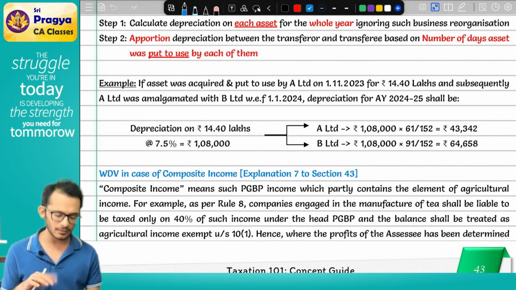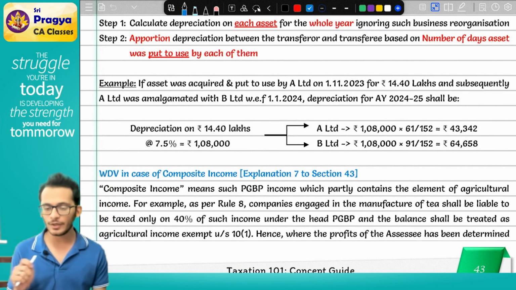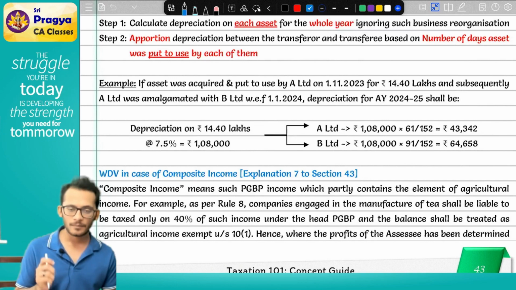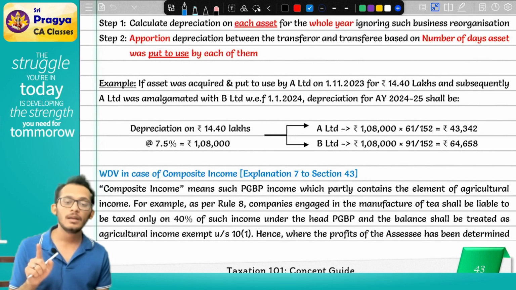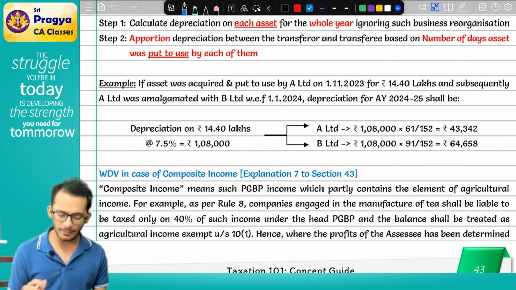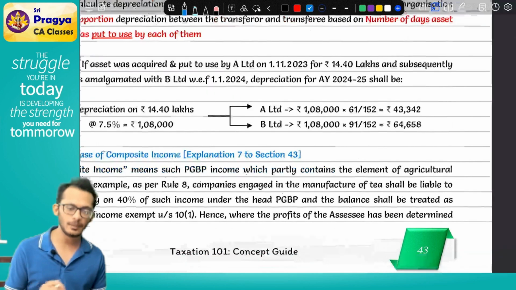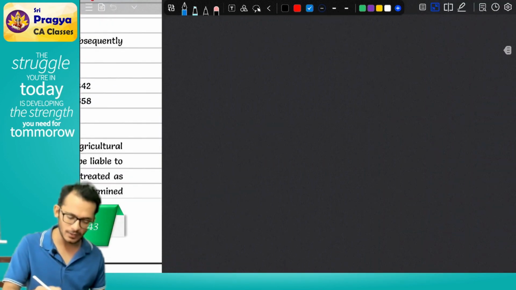Subsequently, AB Limited was amalgamated with B Limited on 1st January. So B is going to use this asset from January, and A has used this asset from November to December. I am asking you to compute the depreciation. What will I do? I'll say that there is an asset of 14.4 lakhs.